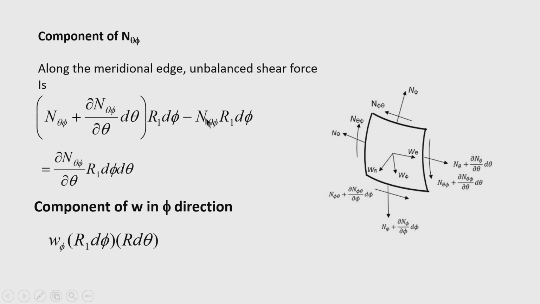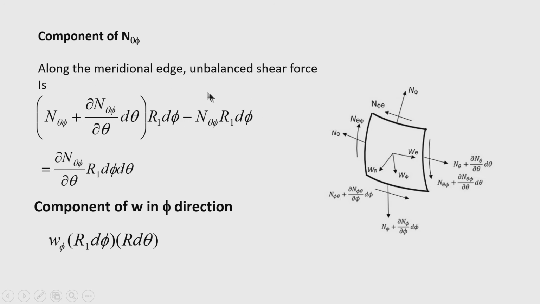So, you are seeing here n theta phi into r 1 d phi, where r 1 d phi is the length of this arc, and similarly on this edge the force is n theta phi plus del n theta phi by del theta into d theta, into r 1 d phi.